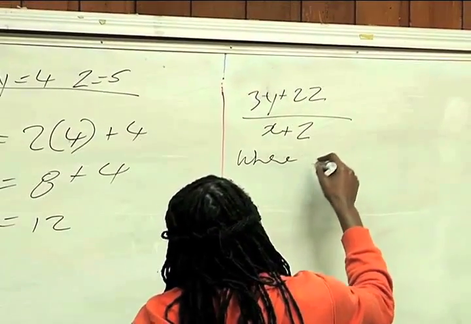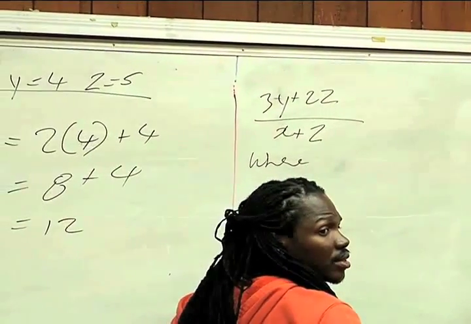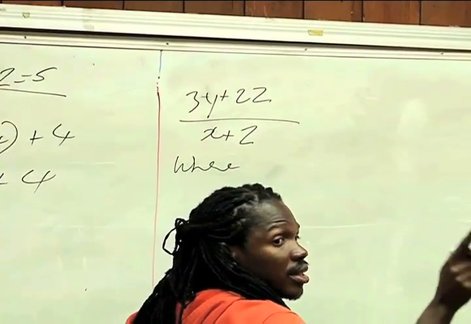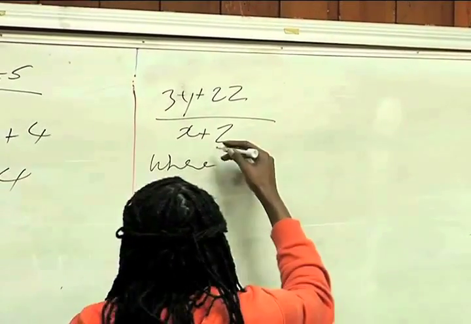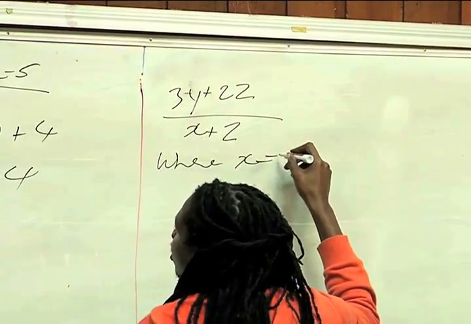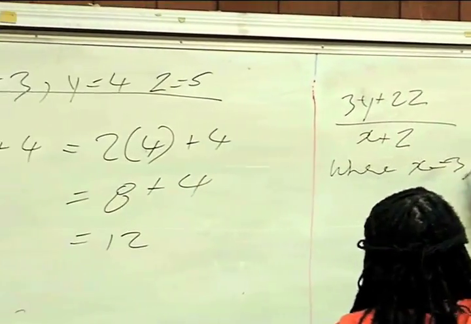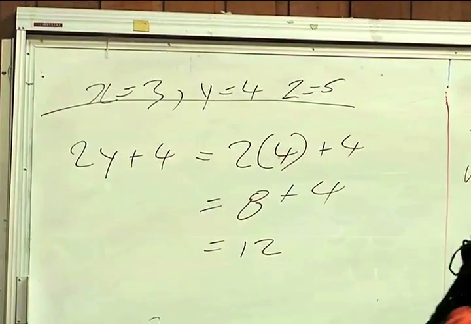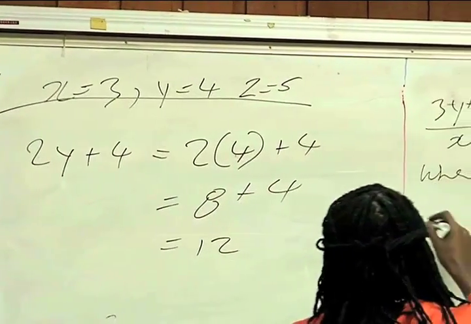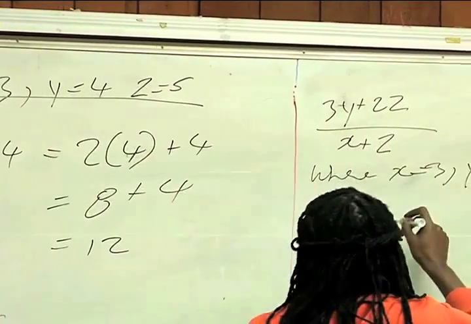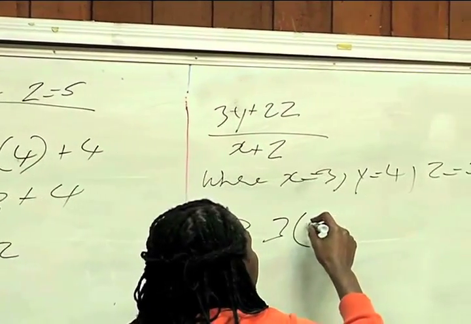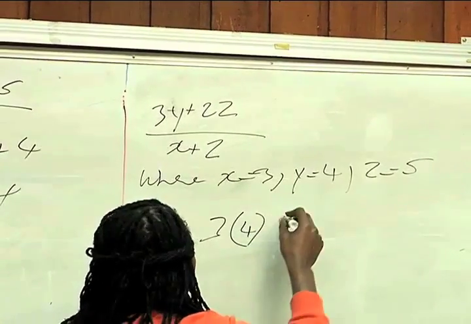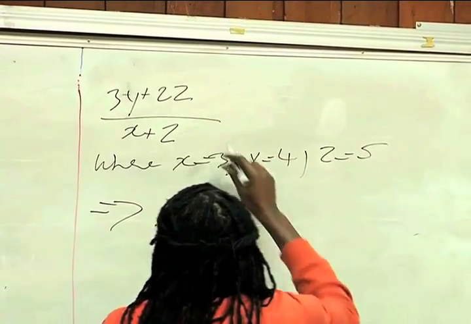Look at the board, where x equals 3, y equals 4, and z equals 5. You must write that. This implies that 3, what is y? Y is 4. Plus 2, this is our z.